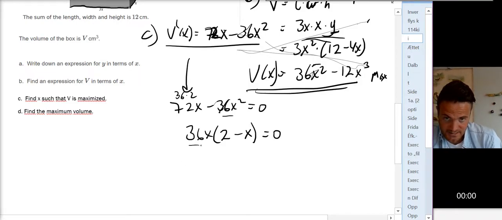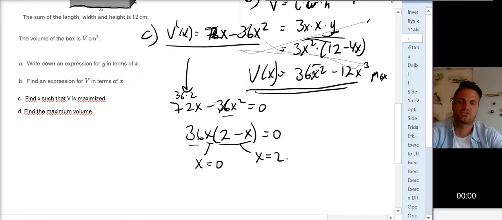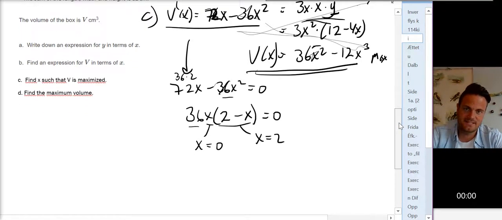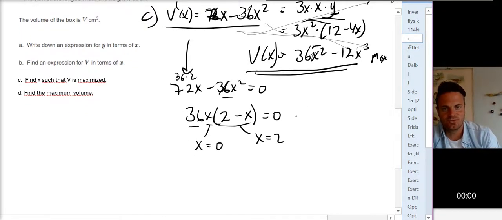I'm going to factorize, and then one of the factors needs to be 0. 36 is not 0, but one possibility is x is equal to 0, and here we see that x can be equal to 2. So this means that the volume here has 2 stationary points, max and minimum points.